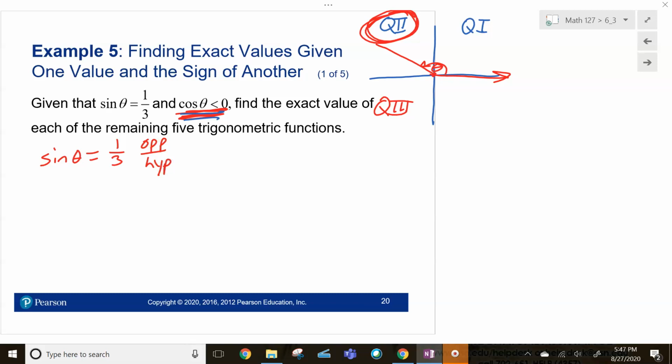This was at the end of section 6.2, where I'm using my reference angle. For right triangle trig, SOHCAHTOA: sine is opposite over hypotenuse, cosine is adjacent over hypotenuse, tangent is opposite over adjacent. That only works for the first quadrant, right? So we have to jimmy rig it.